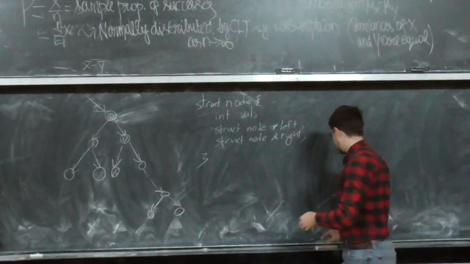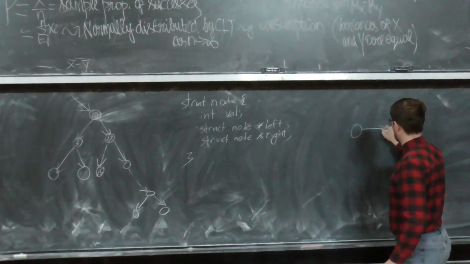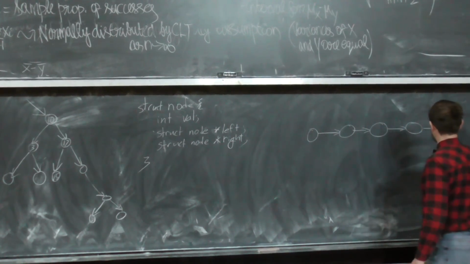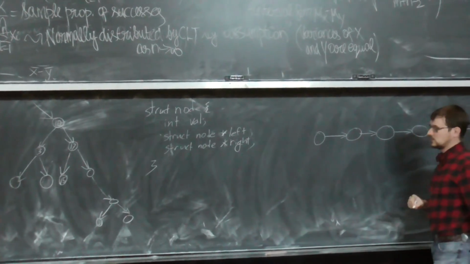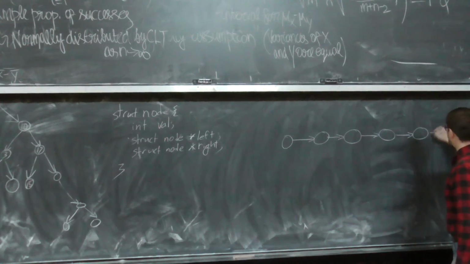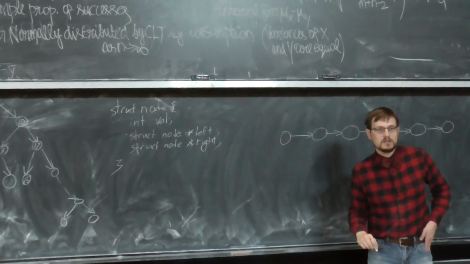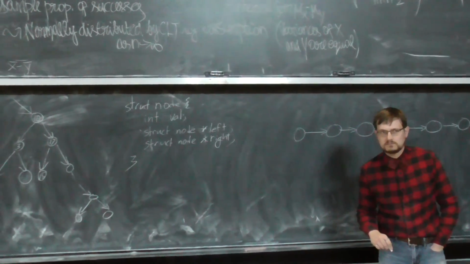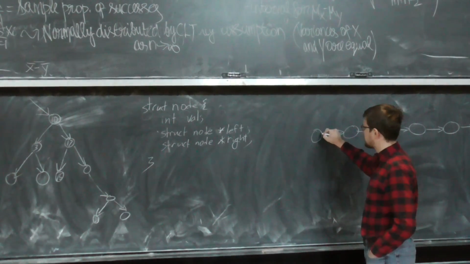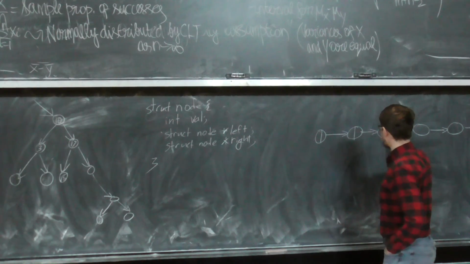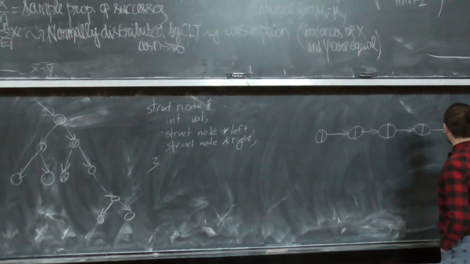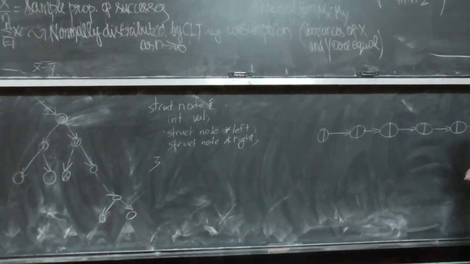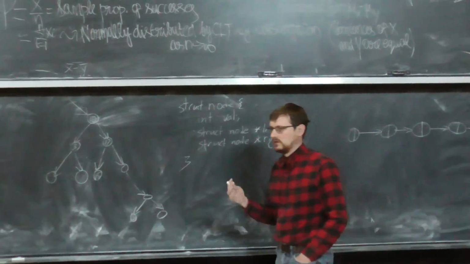What you end up with is a data structure which is linear and resembles an array to an extent. But you have to keep in mind that these things are still structures containing a value and a pointer, except for the last one, which points to null or something like that.